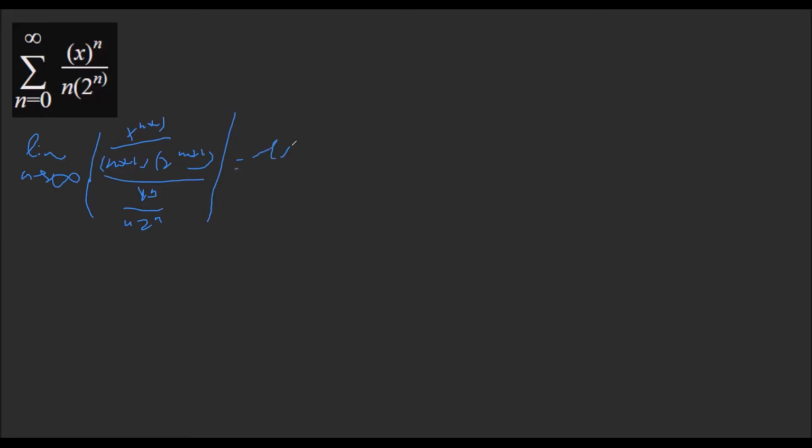You can say that this is equal to the limit as n approaches infinity of x to the power of n times x. This is equivalent to x to the power of n plus 1 over n plus 1, of course, times 2 to the power of n times 2.